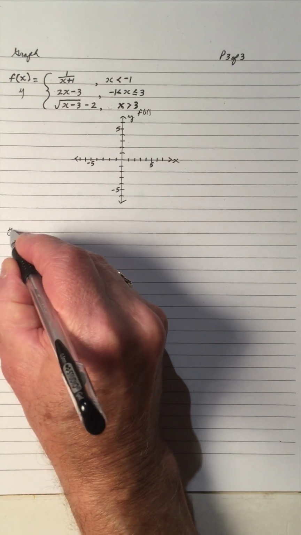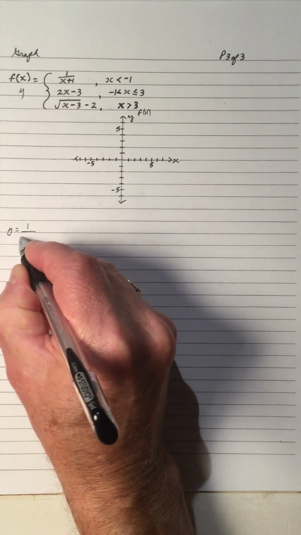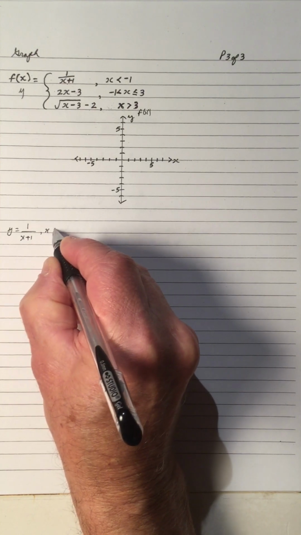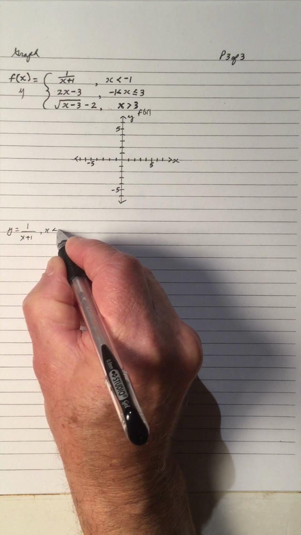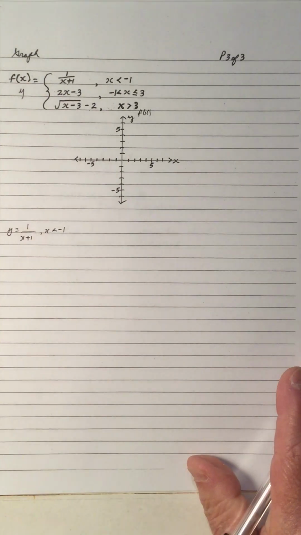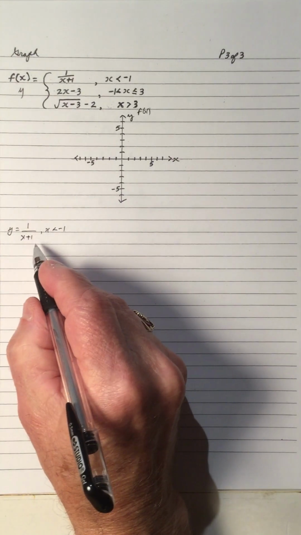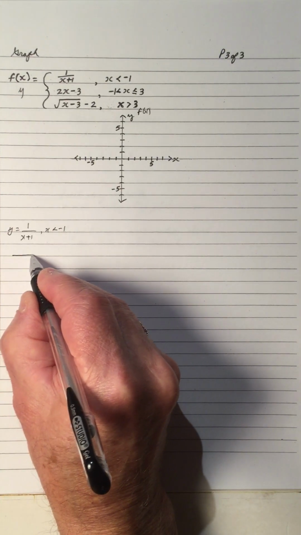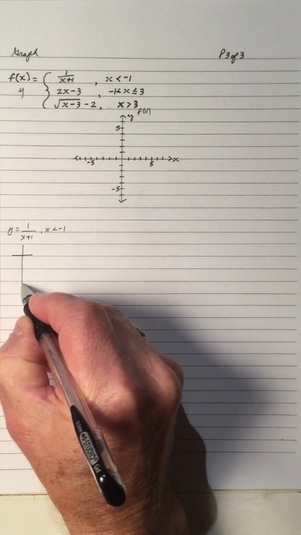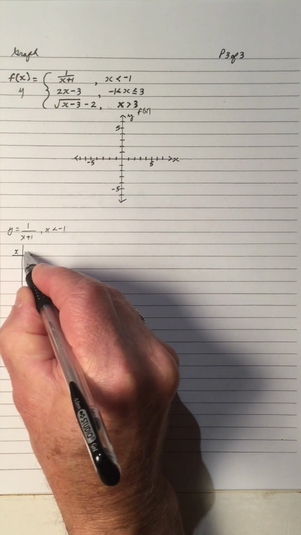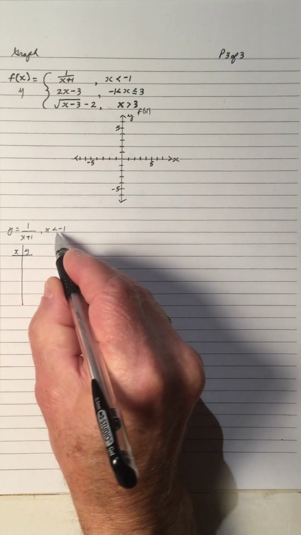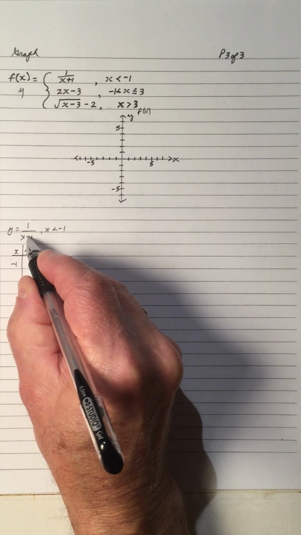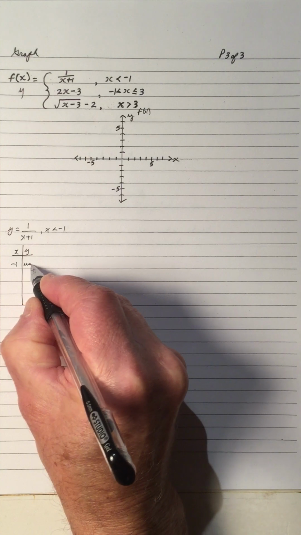So let's look at y equals 1 over x plus 1, where x is less than -1. What do we have here? Well, we can do a table of values, with x and y. So x is -1. When I put a -1 in here, I get a 0, so that's undefined.